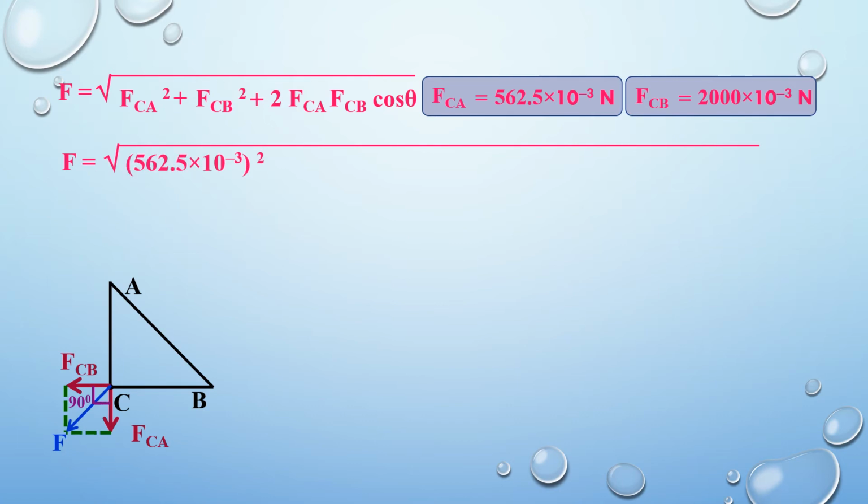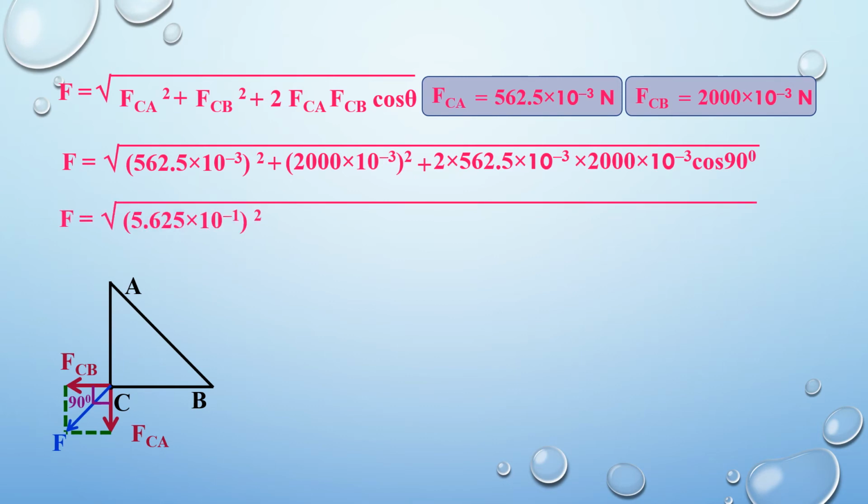(562.5 × 10^-3)^2, which is the value for FCA, plus (2000 × 10^-3)^2, which is the value for FCB, plus 2 into 562.5 × 10^-3 into 2000 × 10^-3 into cos 90.